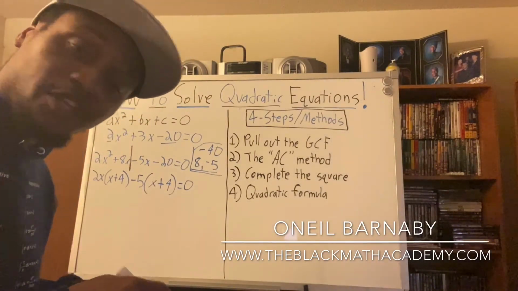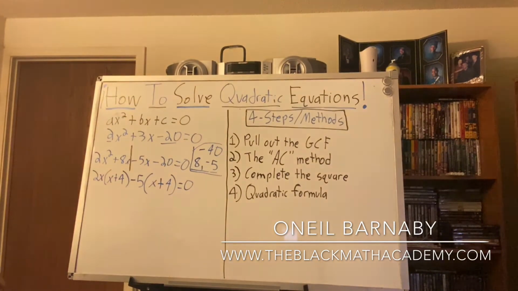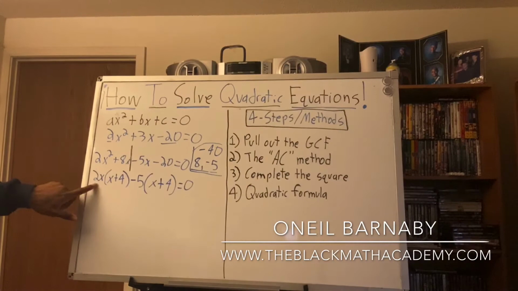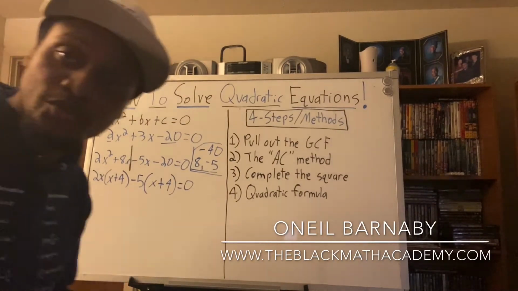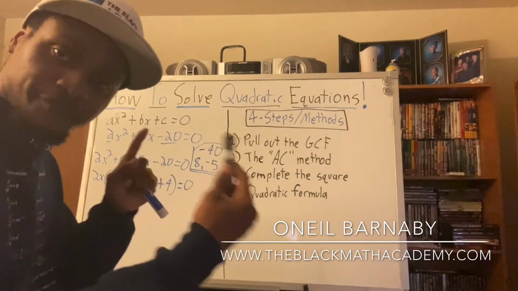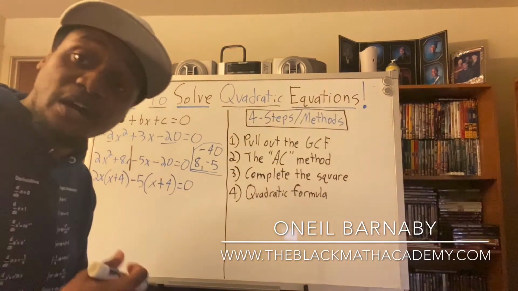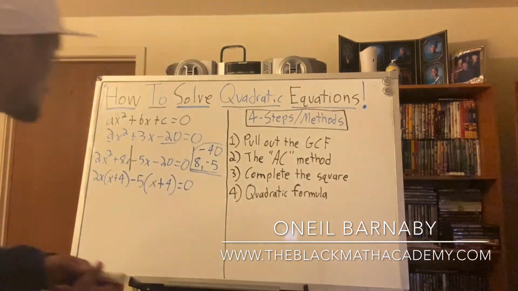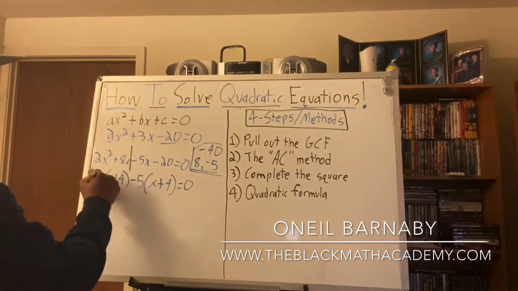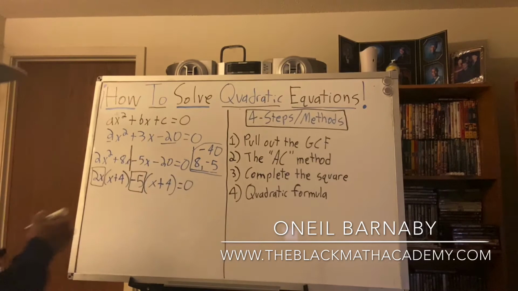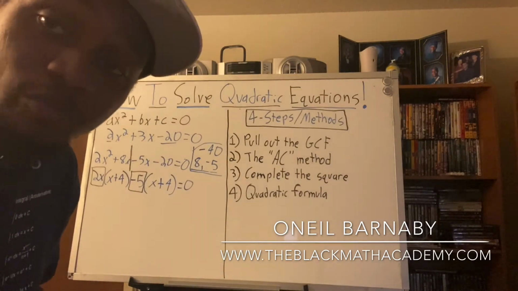Now, where to go from here is, let me show you with another marker. The 2x and the minus 5, the two GCFs that we pulled out of their respective parts of the equation, are going to become their own binomial. So this 2x and this negative 5, we're going to put in its own parentheses.